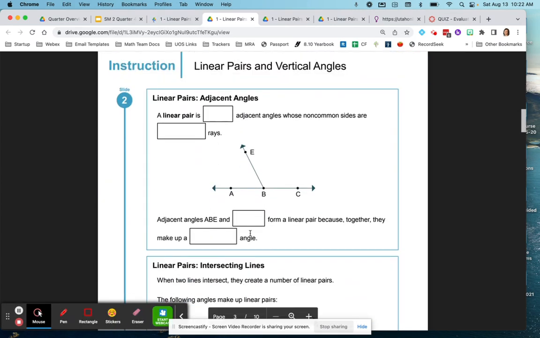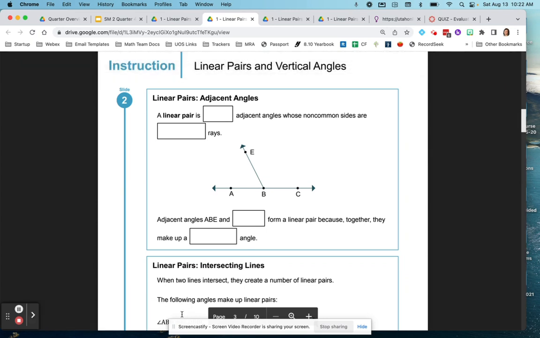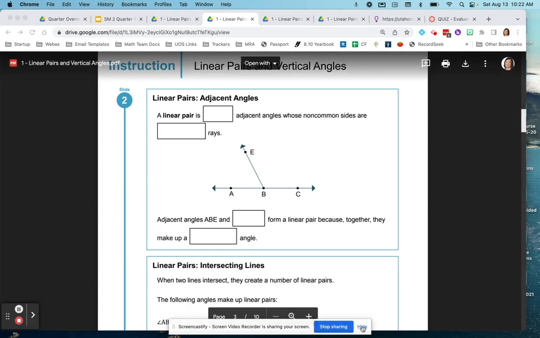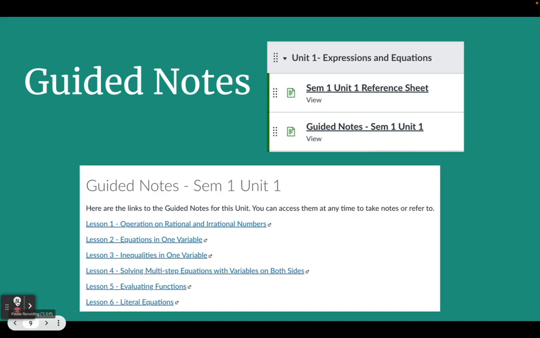You can fill in the blanks. It's something you can print out. You can write in this digitally if you have the capabilities to do that. There's a program you can use called Cami. If you're interested in learning how to do that, let me know and I can help you with that. But make sure you're using guided notes. They're very useful and will help you a lot as you're going through these lessons.